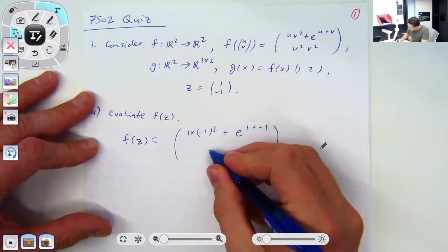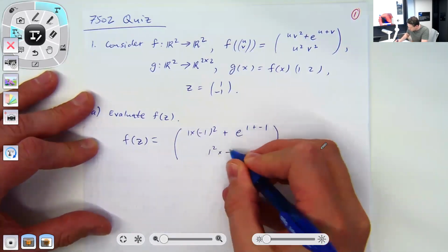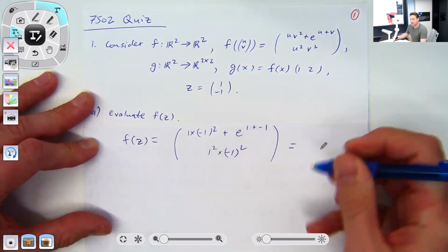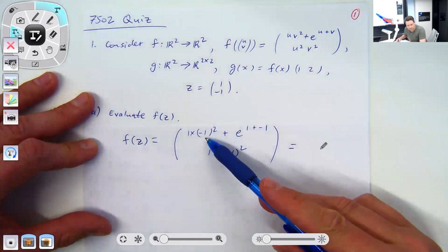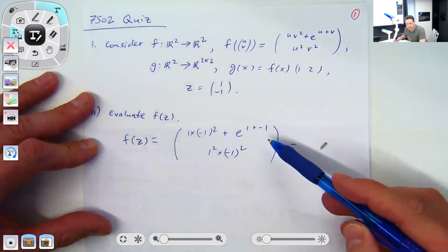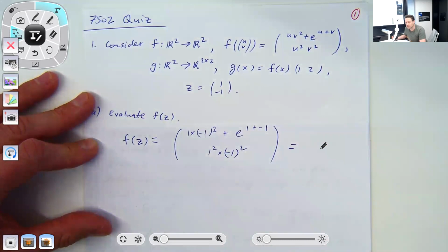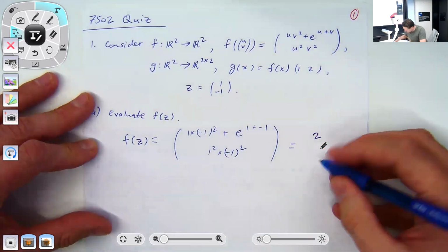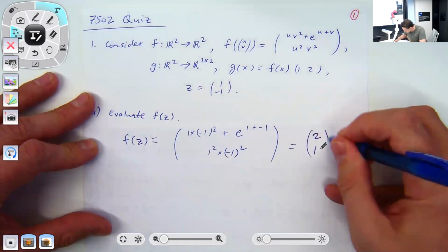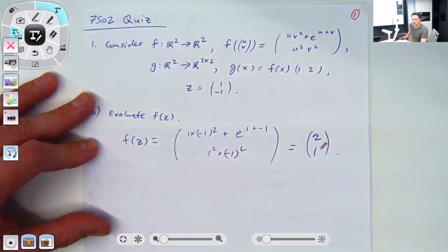And then down the bottom, we have 1 squared times (minus 1) squared. And we simplify this. Okay, so the first part is just 1, and then we're adding e to the power of 0. E to the 0 is 1. So we have 2 at the top, and we have 1 at the bottom. Everyone agree? Hopefully you got some marks for that if you did this.